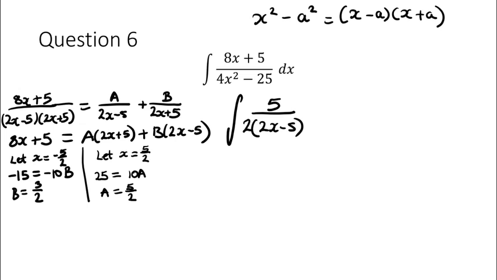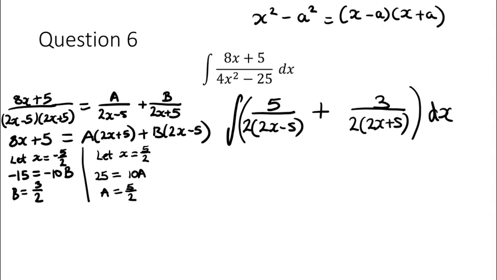You can have it on top of the fraction, but I'm just going to write it as 5 on our numerator and 2 on the denominator. And then b was 3 over 2, so when we substitute that in, it's going to look like this. And this is what I want to integrate.